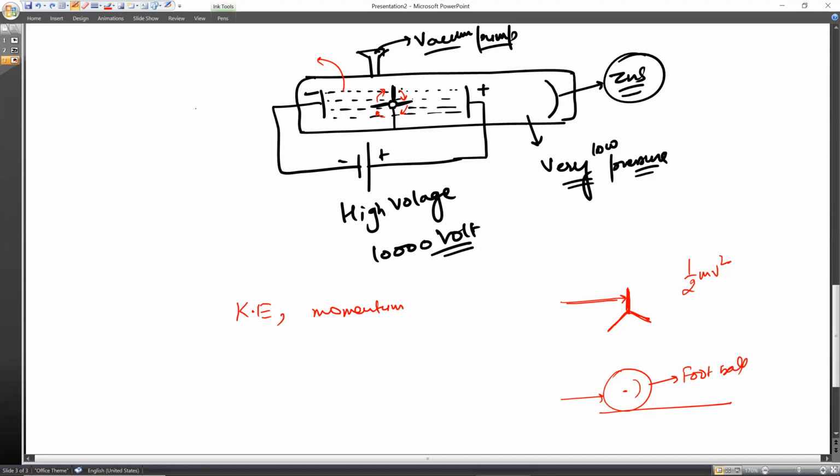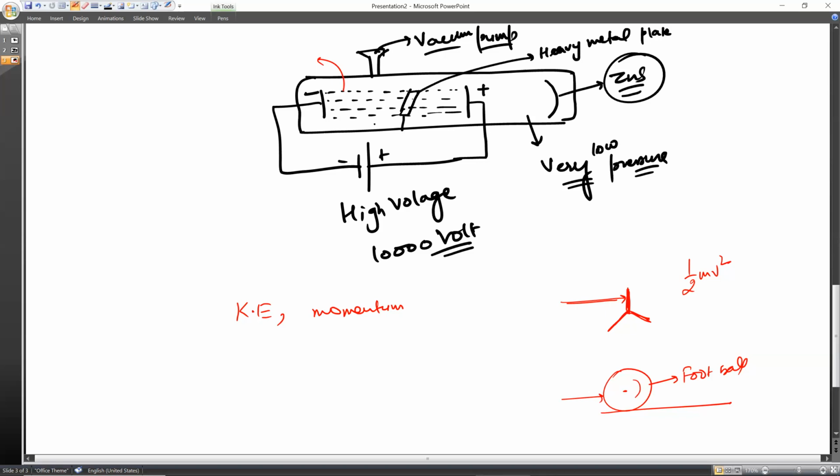Moreover, if you put a heavy mass object here, a heavy metal plate, then it will produce some rays called X-rays.